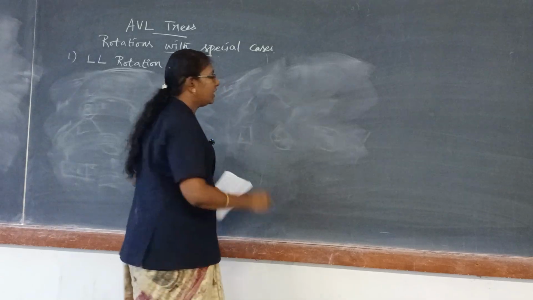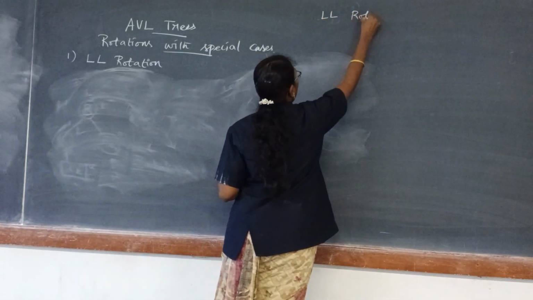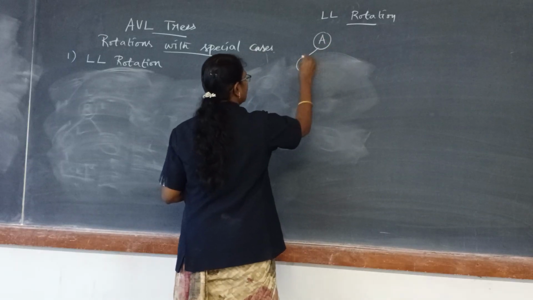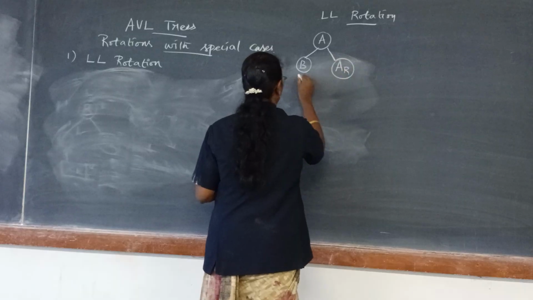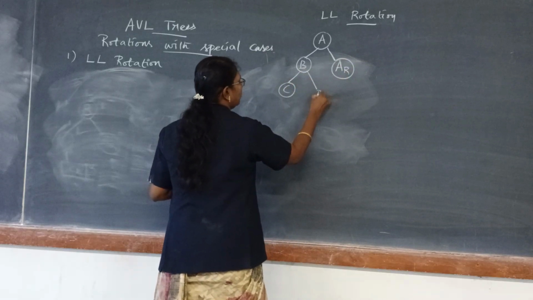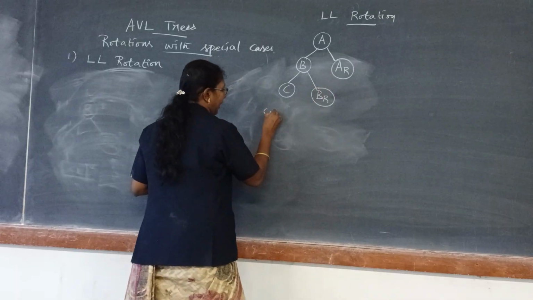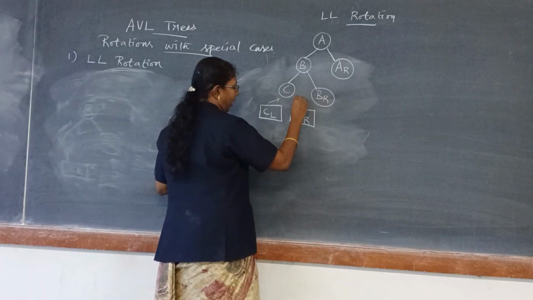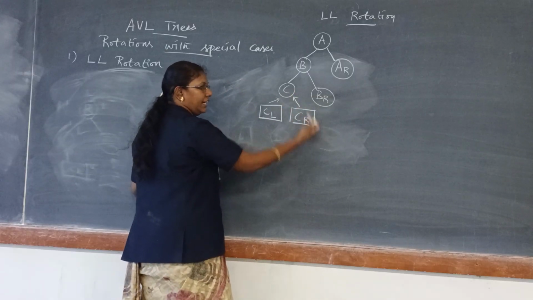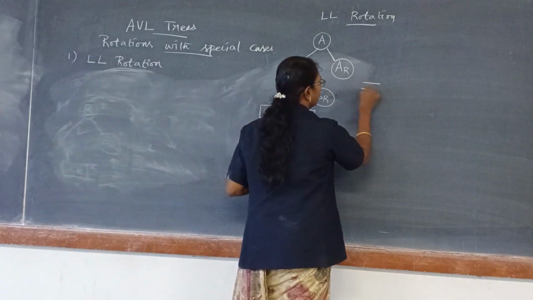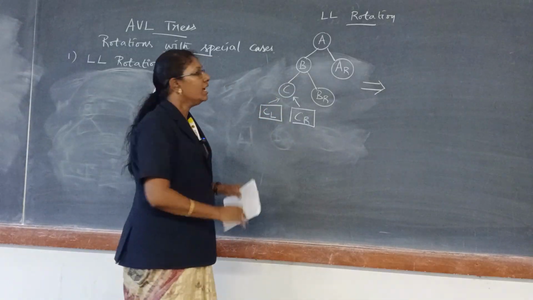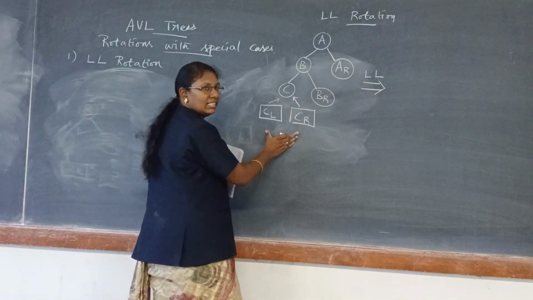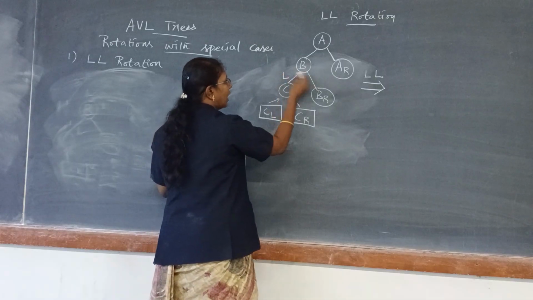So I am writing this basic structure here. LL rotation, in the sense, A, and B is the left child of A and AR is the right child of A, and here C is the left child of B and BR is the right child of B. I can insert either CL, that means left of C, or CR to the right of C. If I do this, I will get imbalance in this particular tree, because these two insertions are happening to the left child of the left subtree.